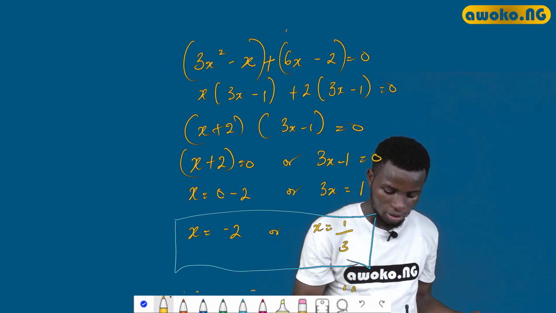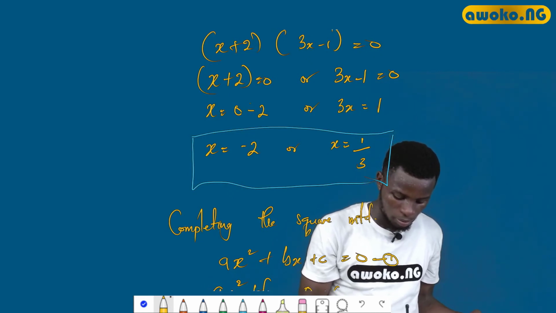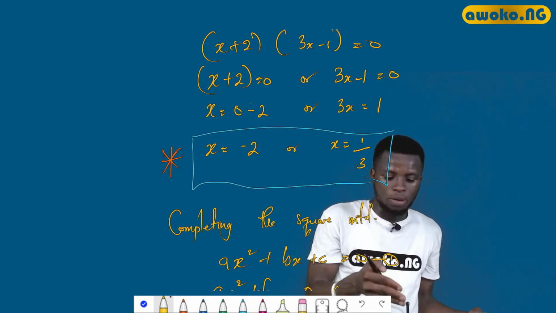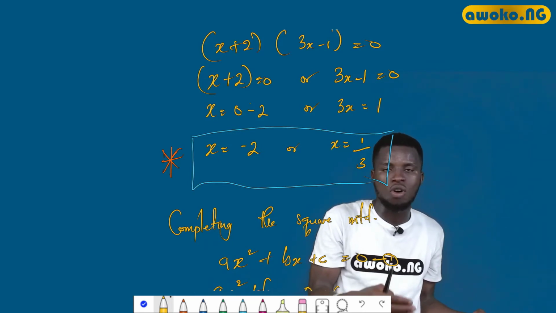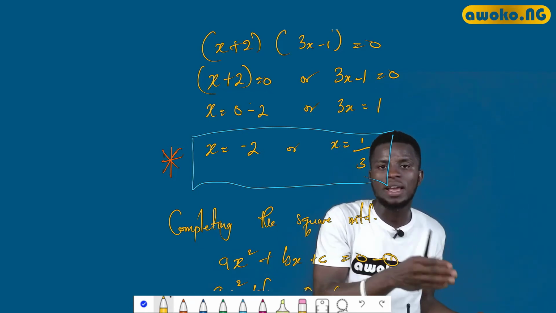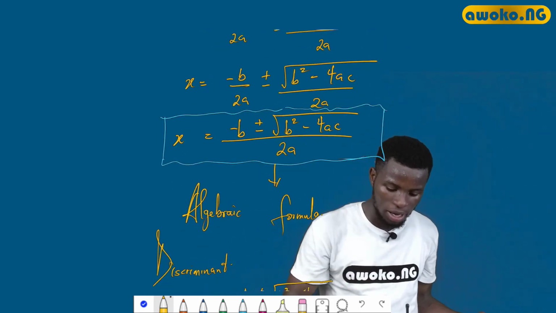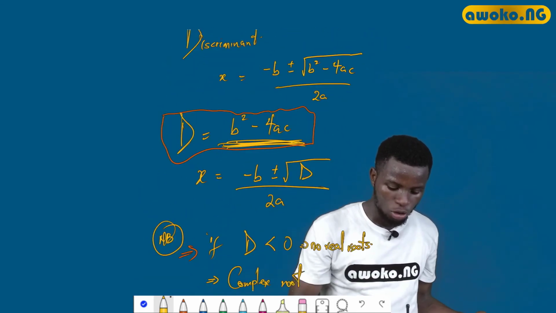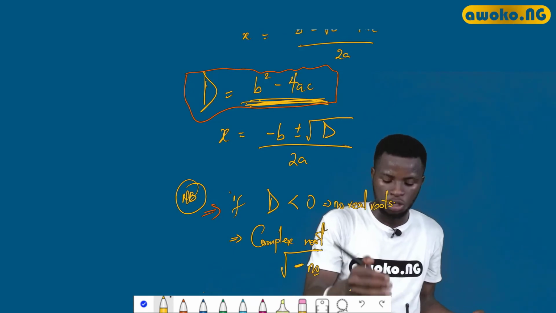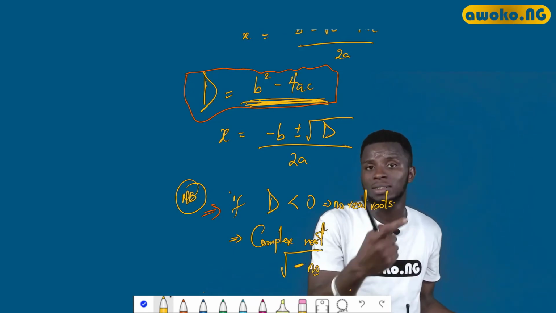We have x equals -2 and x equals 1/3. If you insert the values of a, b, and c into the discriminant formula, d equals b squared minus 4ac, you realize that d will be equal to a value greater than 0.